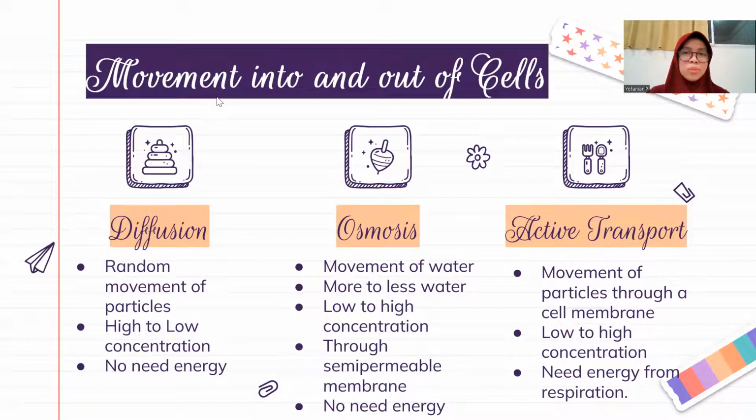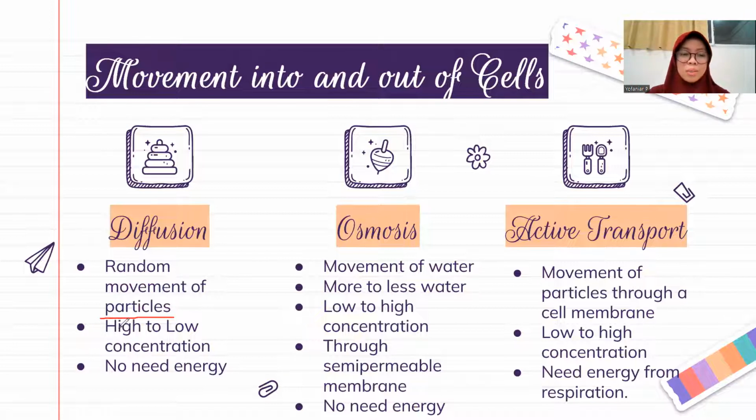So for diffusion, the first thing that we need to remember is that diffusion is a random movement. So the direction is irregular. It's random, acak, yeah? The random movement of particles. If we are talking about movement, we are talking about change in position, right? The position of the particle changes, they move from high to low concentration.